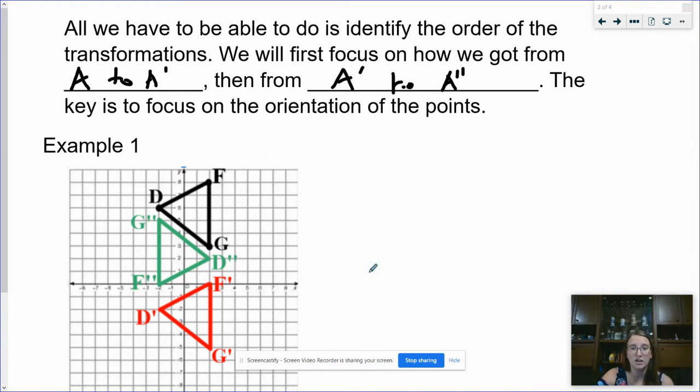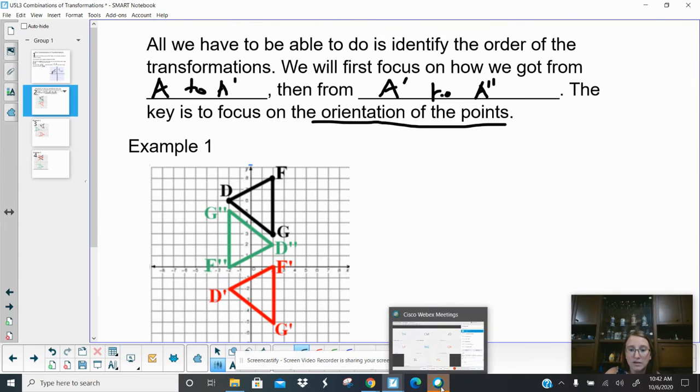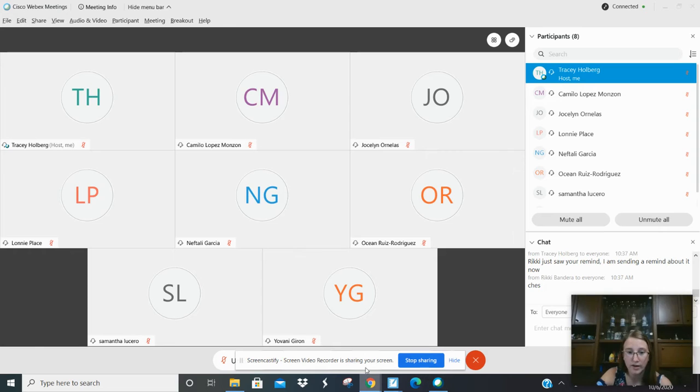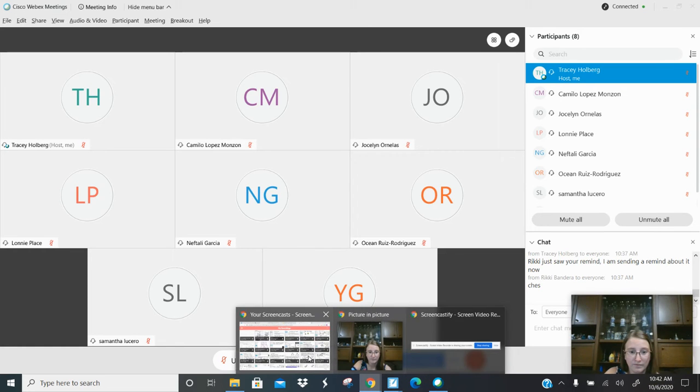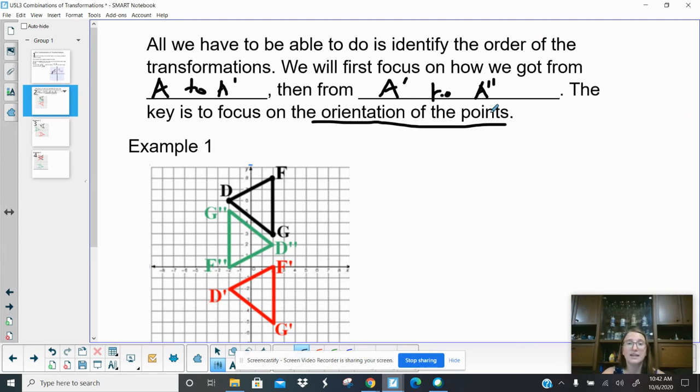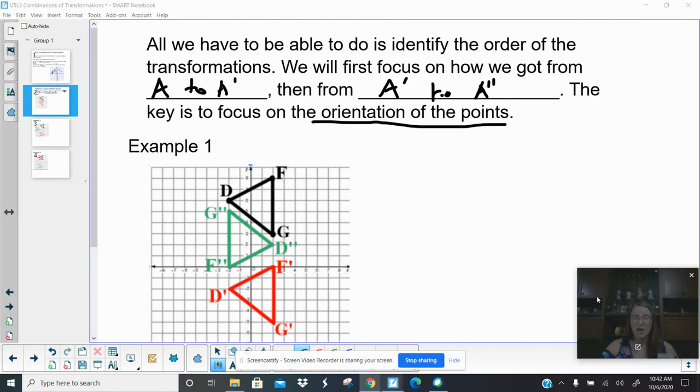Now the key here is to focus on the orientation of the points in order to get the right answer. Because, for example, when we have a translation, if I got my calculator here, whenever I translate it, notice its orientation stays the same.